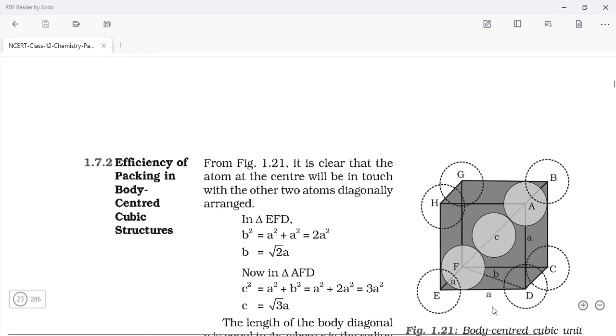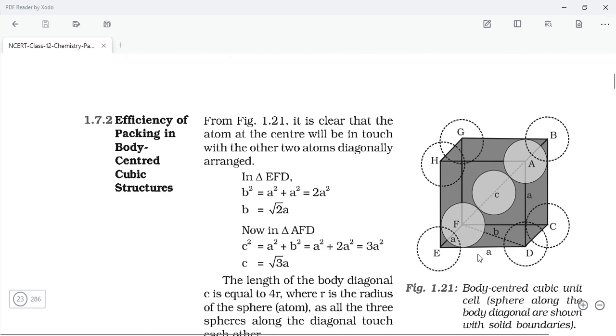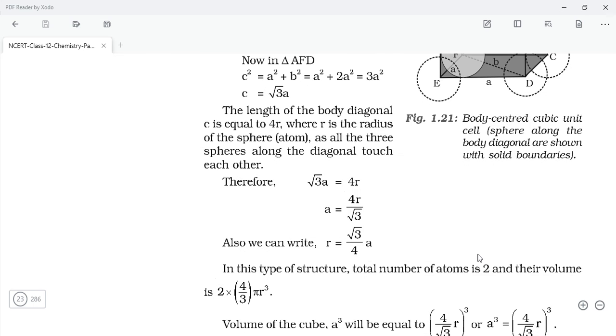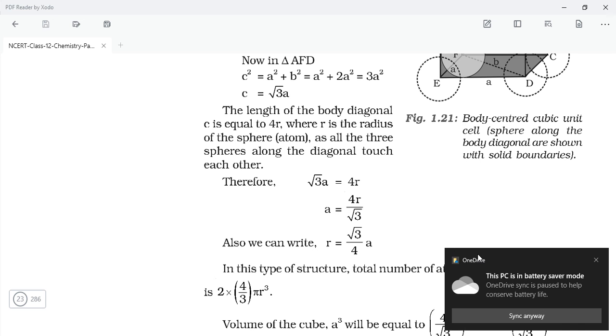BCC, these two sides are same, and so the diagonal is B, so B is root 2 A. Now in triangle AFD, you see this triangle, this is root 2 A, this is A, and we have to find AF, that is root 3 A, and you will find all the dimensions basically by doing this.